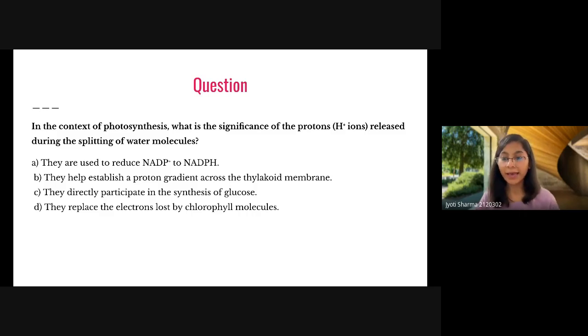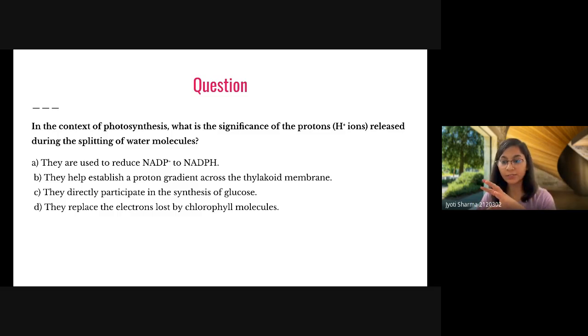So we have learned till now that water will be split in the presence of sunlight. Electron will be released, proton will be released. This electron will be used to convert NADP to NADPH. And this proton will be used to convert ADP to ATP.